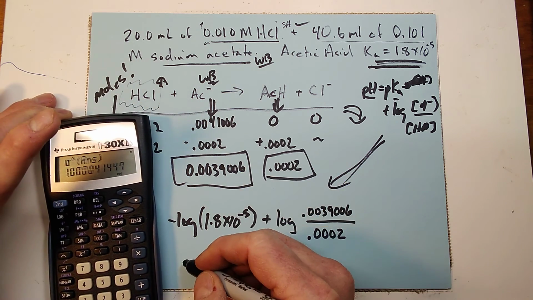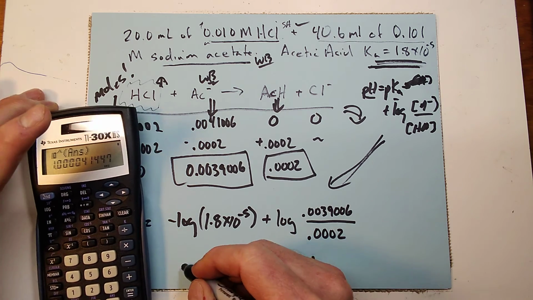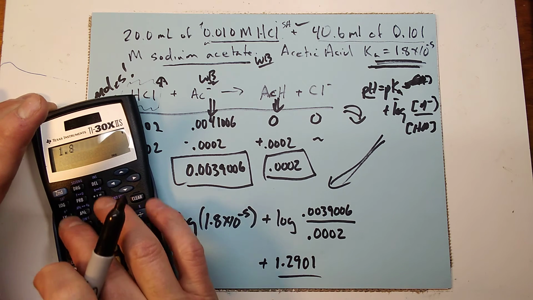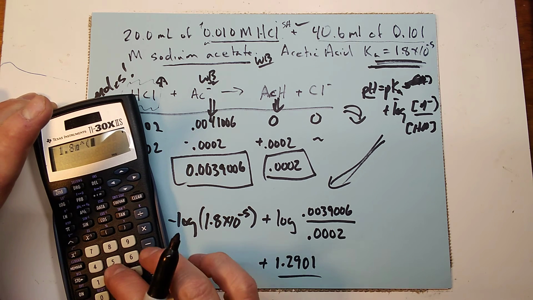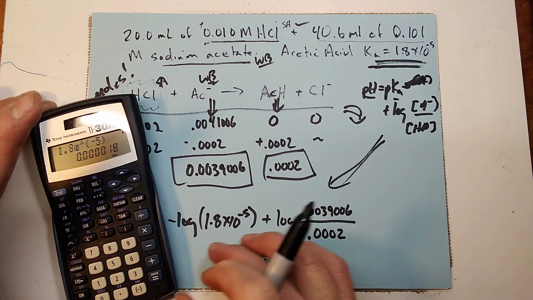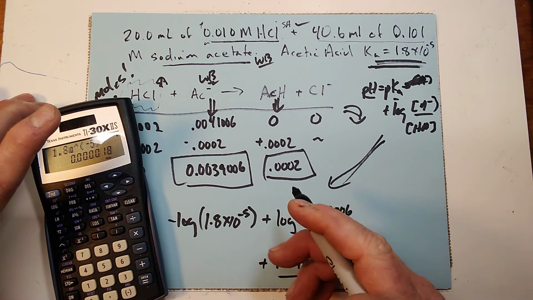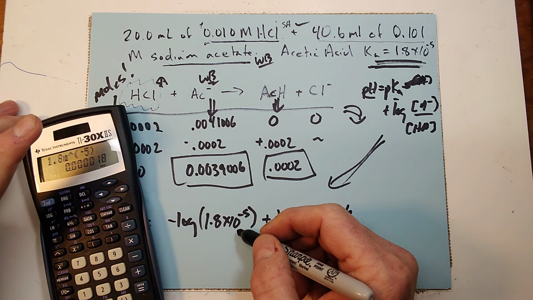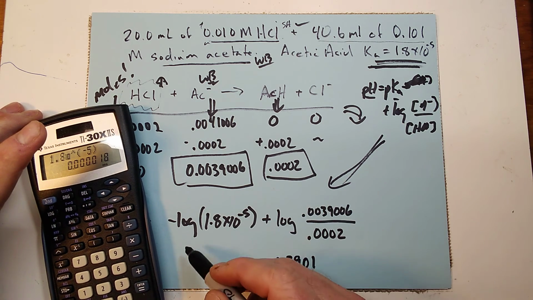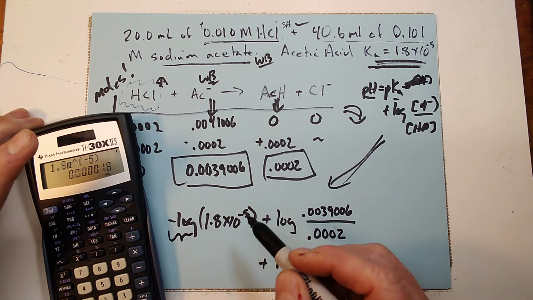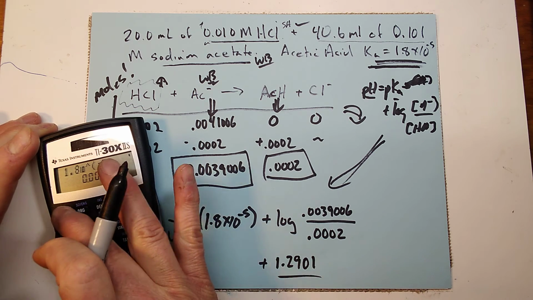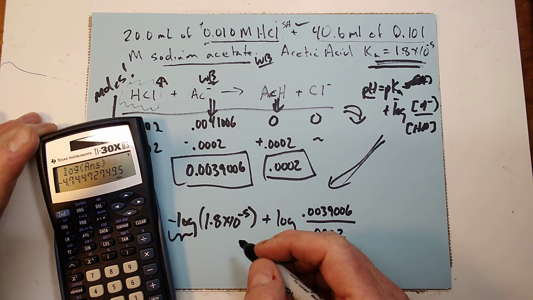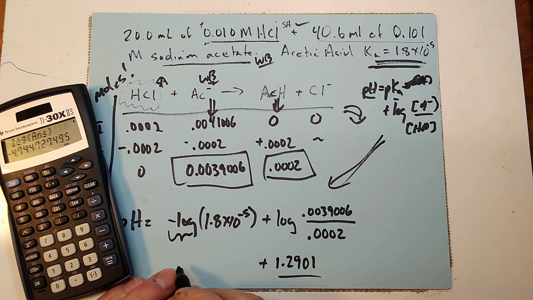So we're going to take the negative log of the Ka, because we take the P of it. P is negative log. Oh, okay, good. I thought it was off a little bit.